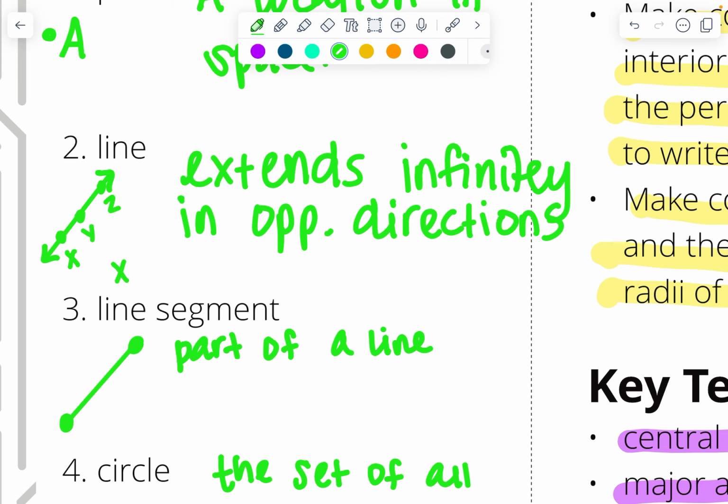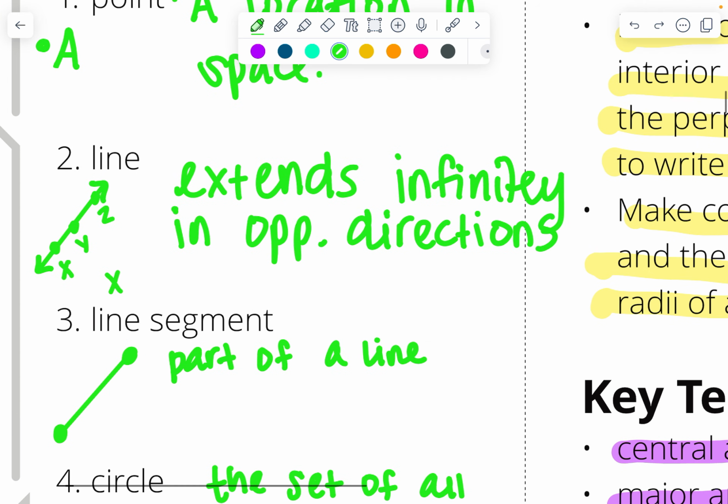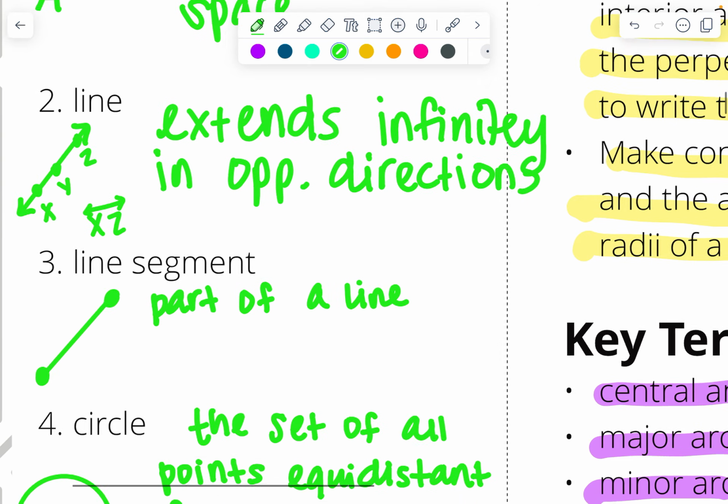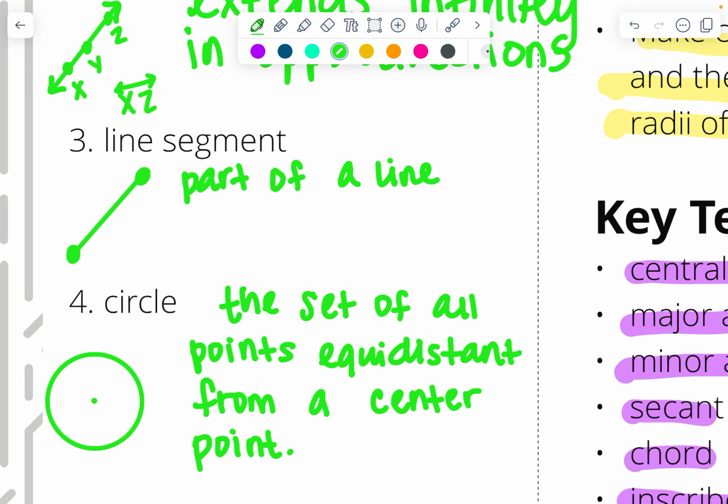You can call the line X, Y, or you could have called the line like X, Z, or Y, X, something like that. Just pick 2 points on the line, and that's how you name it, and then put the line with the 2 arrows on top. A line segment is part of a line.